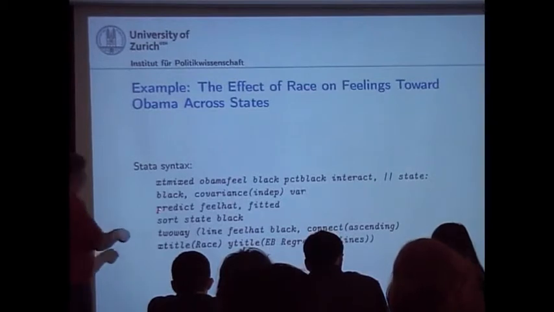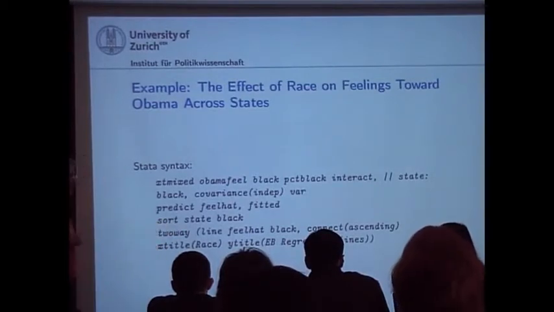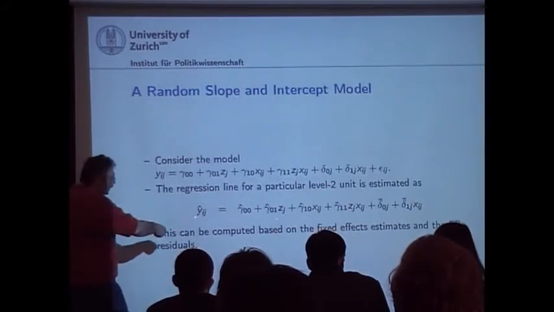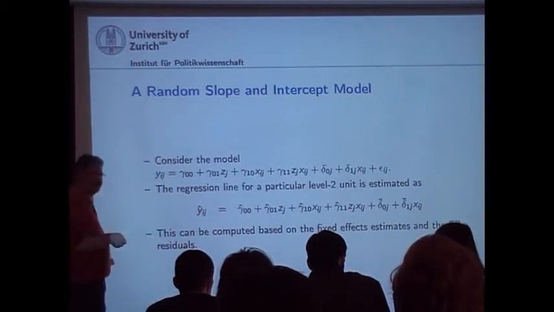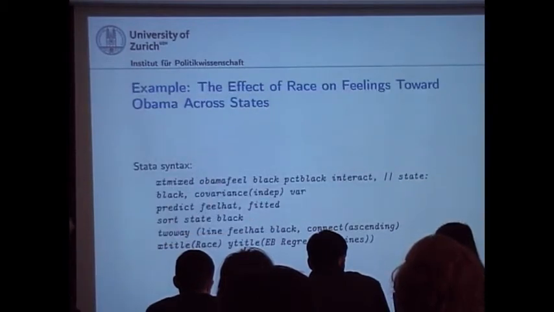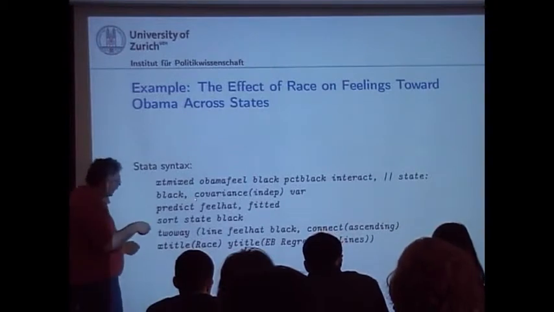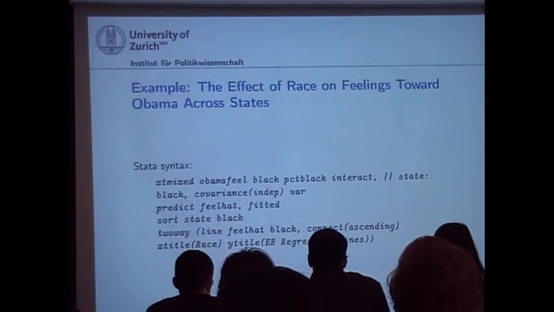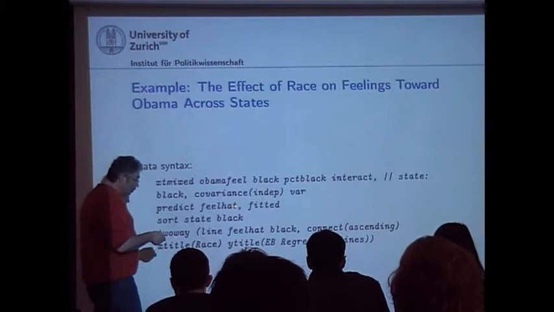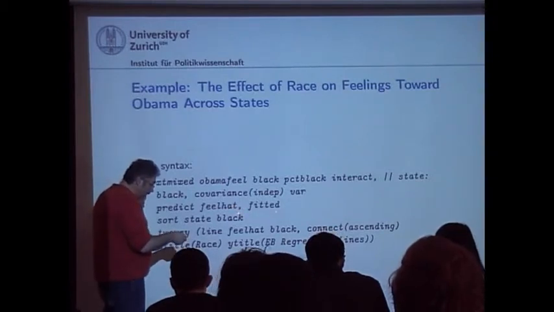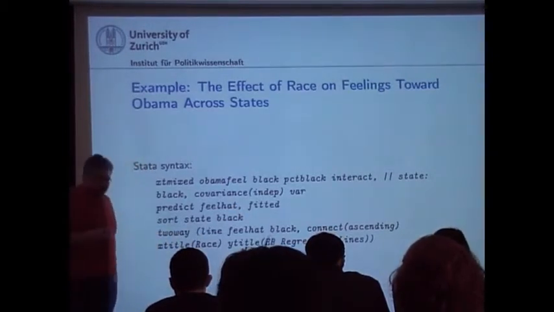So on the third line here, what we obtain are the fitted values, and these fitted values, those are these values here. So we use a predict command, and then we give it a name. I gave it here yhat, because any name is possible. And then in the options, that is the part after the comma, you specify fitted.